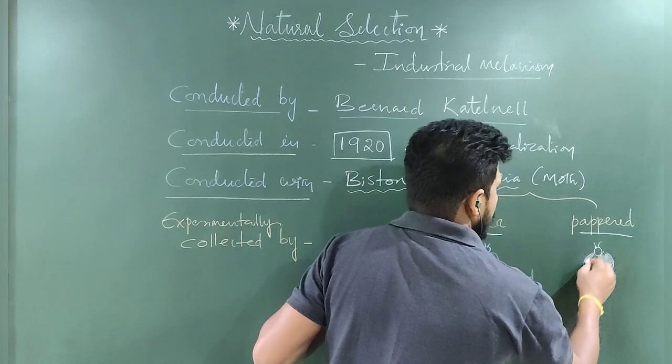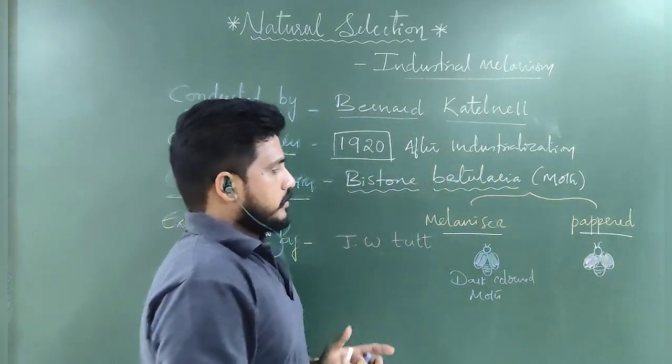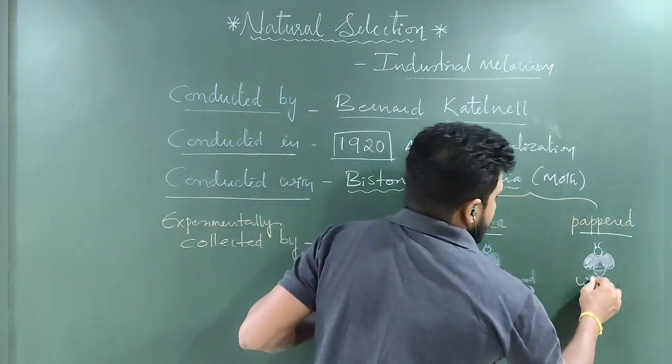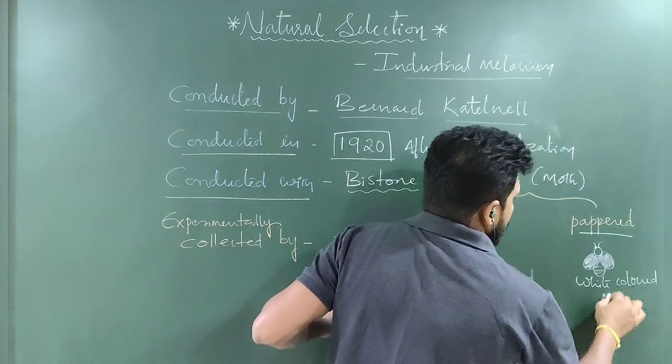So peppered is the white colored moth and the dark colored moth is melanic.